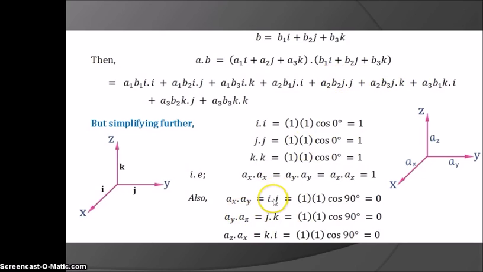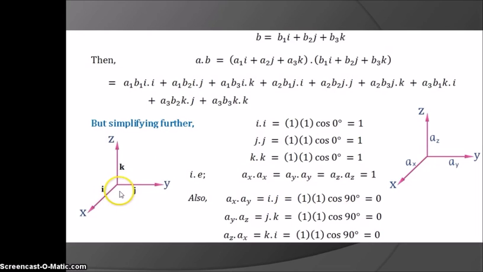We have i dot j, it's still magnitude of i, which is 1, magnitude of any unit vector at all is 1, times j, which is 1, cos the angle between i and j. And what is the angle between i and j? It's 90 degrees.